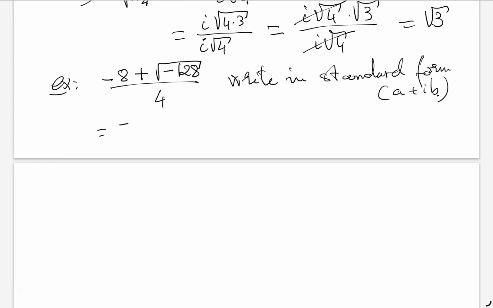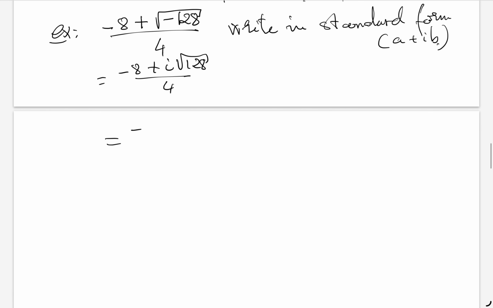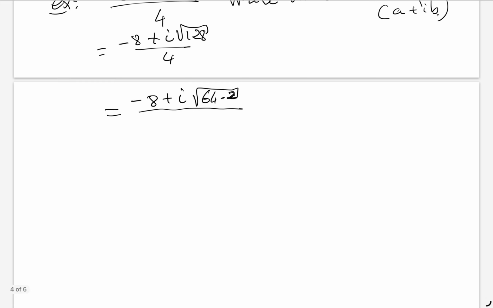This is equal to negative 8 plus i square root of 128, divided by 4. Keep going. It is equal to negative 8 plus i square root of 128. It's just 64 times 2. Why do I need 64? Because 8 times 8 is 64, because 64 is a perfect square. That's why. So divide by 4.